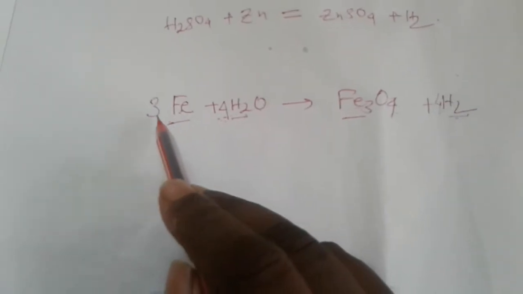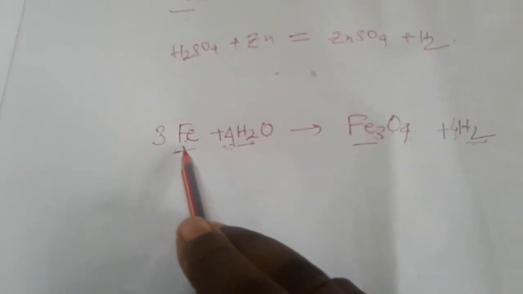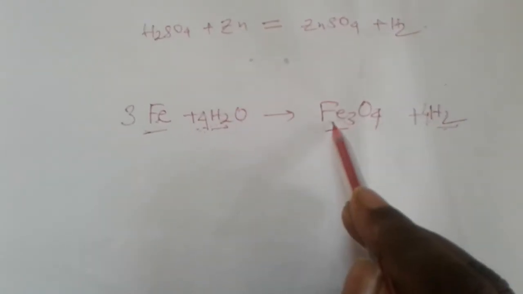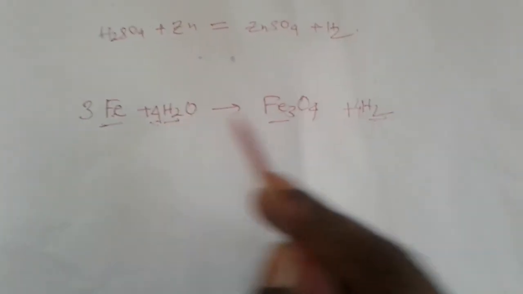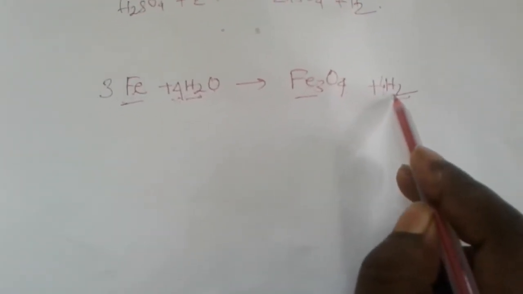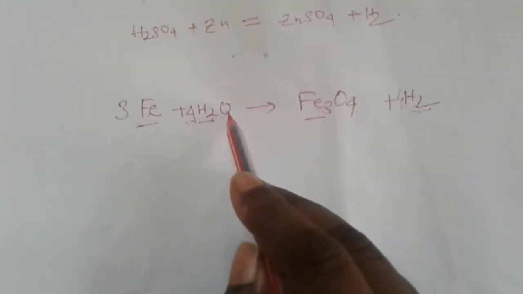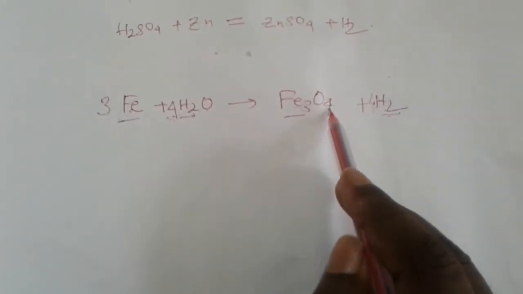Now once again, you see the equation here. 3 iron, and on this side also 3 iron, and 4 H2O means 8 hydrogen, and in the product side also 8 hydrogen. Oxygen in the reactant side is 4, and in the product side also 4.